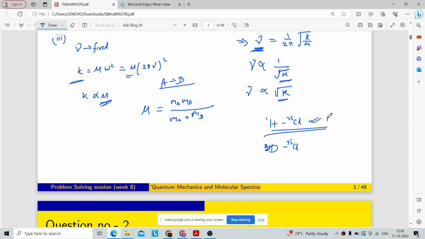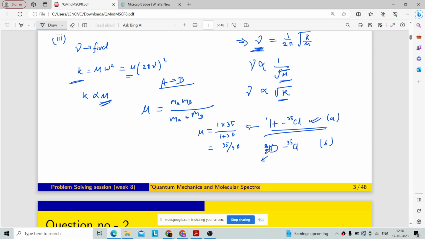Let's say this is system A and this is system B. For A, mu will be 1 times 35 divided by 1 plus 35, which is 35 over 36.